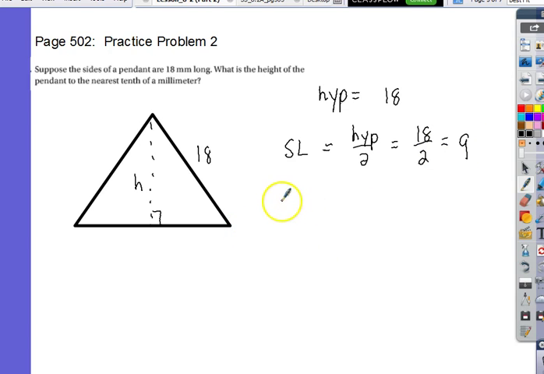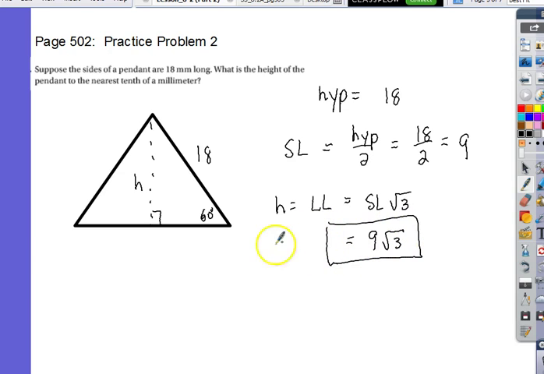And then now that I have the shorter leg, the longer leg is equal to the shorter leg times the square root of 3, because I know that this was the 60-degree angle. Well, the shorter leg I just found out was 9, so 9 times the square root of 3 is my answer. So now I need to put that into the nearest tenth of a millimeter.